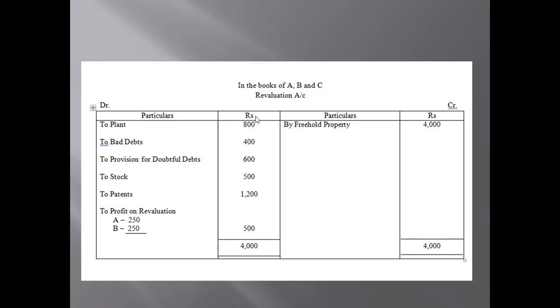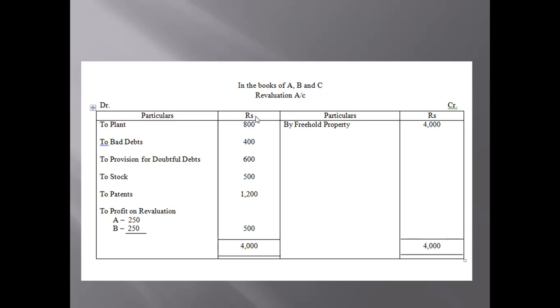So that is why the bad debts are recorded in the debit column of revaluation account because it decreases the amount of debtors. That is from 5,000, 400 will be subtracted. That is why we are writing 400 in the debit column of revaluation account.